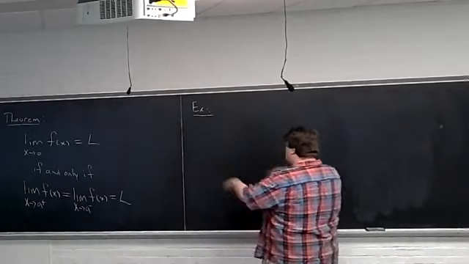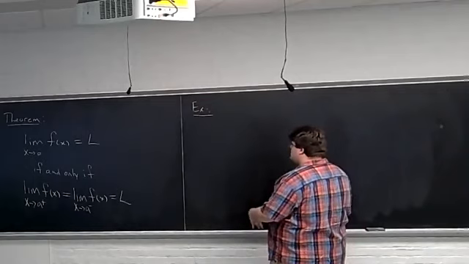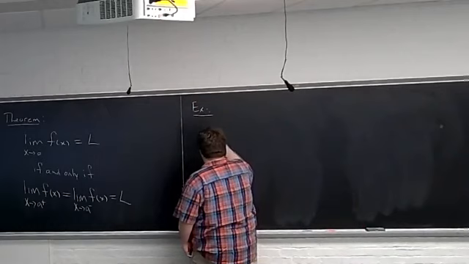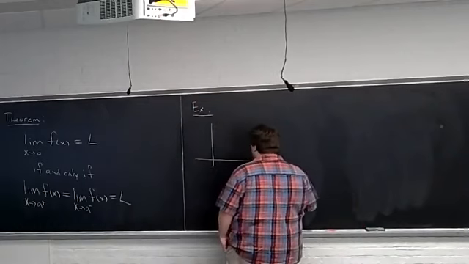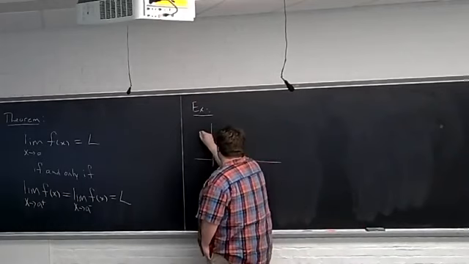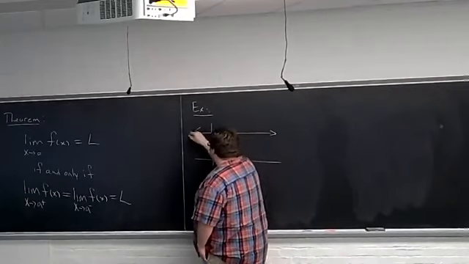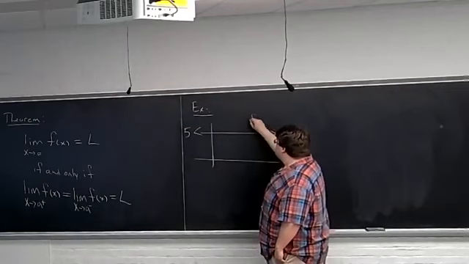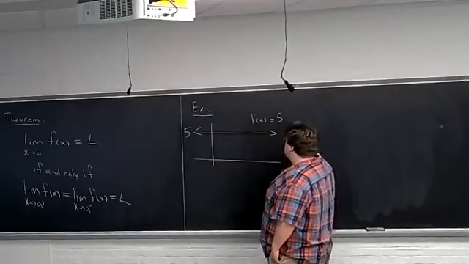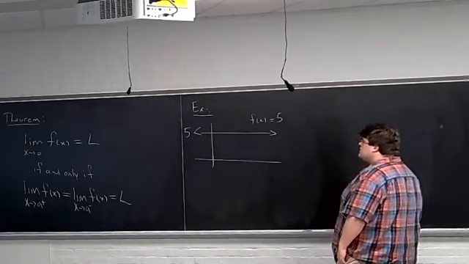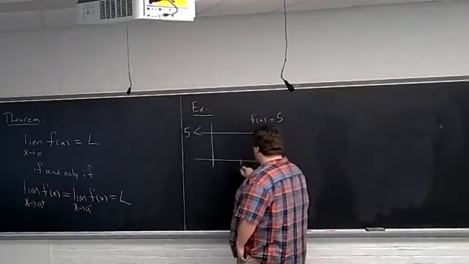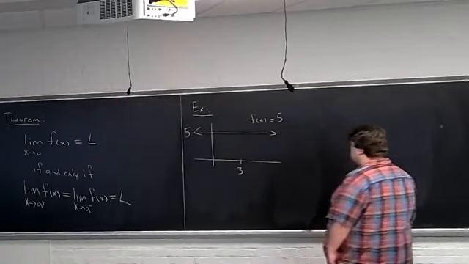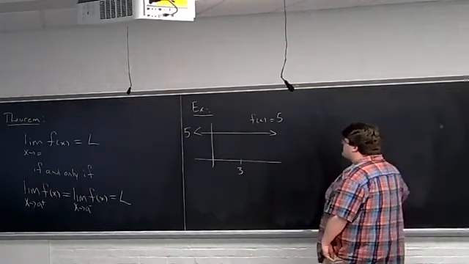A horizontal line and a diagonal line, slope one going through the origin. Let's take this line, let's put it at 5. So here we have the line y equals 5.